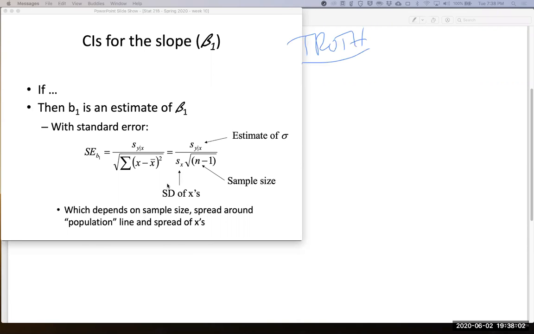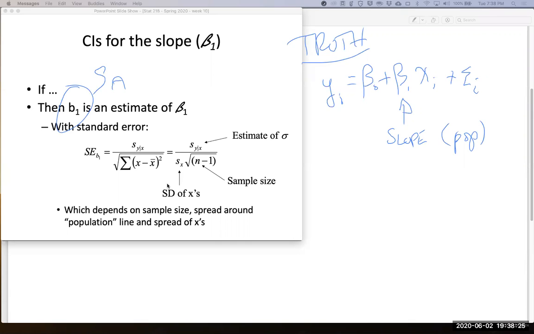We're assuming the following: Yi is beta 0 plus beta 1 xi plus epsilon i. We'll discuss in the next video exactly the nature of this, but you can see beta 1 is a slope of the population, and B1 is the sample slope. So we've got the actual population slope, beta 1, and the sample slope, B1.